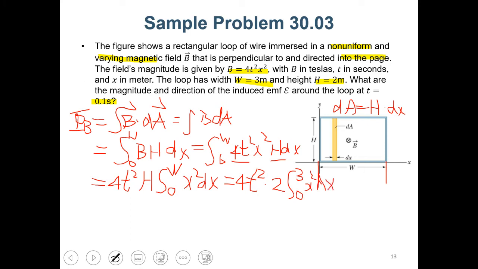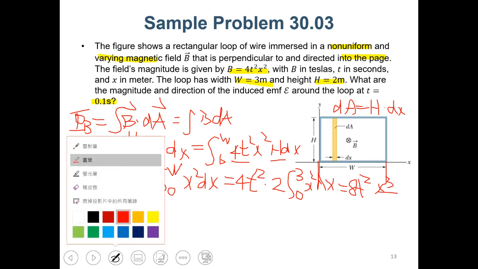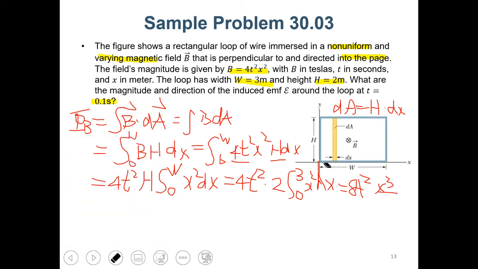So we have 8t squared, and then this one should be x cubed over 3, and then we evaluate it at 3 and 0 and subtract them.